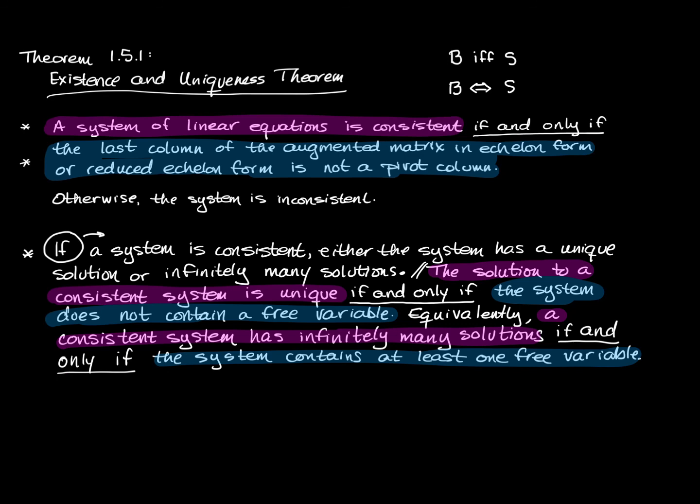So how do we want to use this? We've really kind of already discussed all of this. This is a more theoretical sort of look at it, a more formal look at the situation. But basically, if you look at a matrix and there is at least one free variable, then you know you have infinitely many solutions.